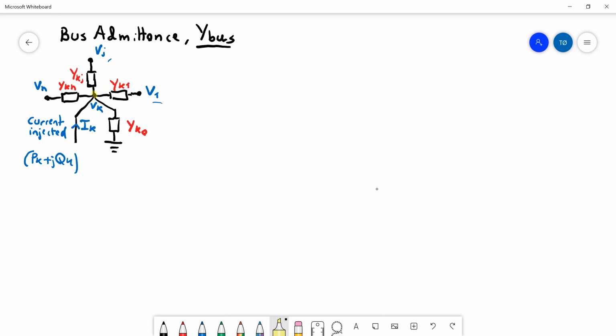So then we can put up, of course, the balance based on Kirchhoff's law. Very simple here.